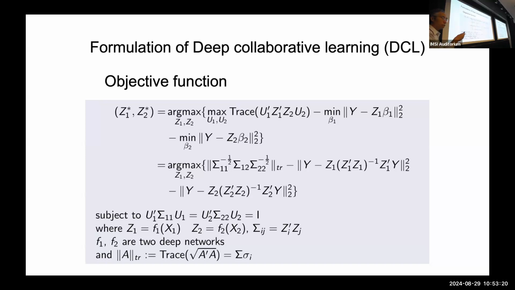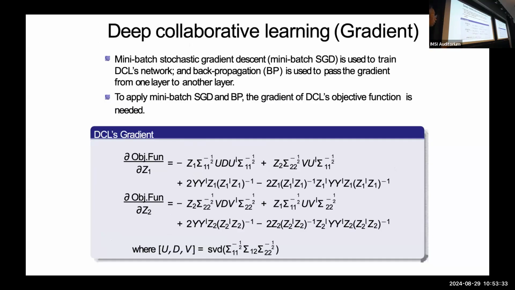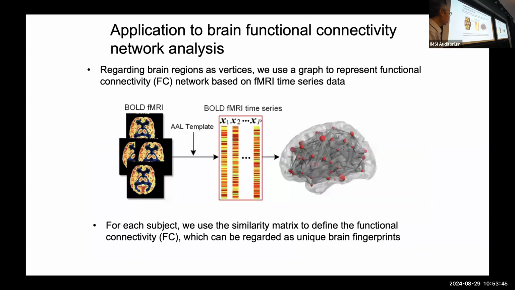The last two terms are the data fitting terms, fitting the deep representation of the imaging and genomic data to the phenotypical trait Y. We can use backpropagation and stochastic gradient descent to minimize this objective function to train this model.